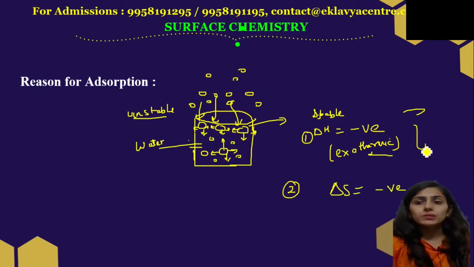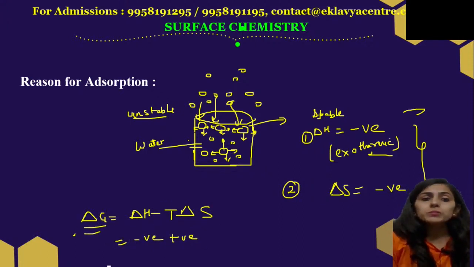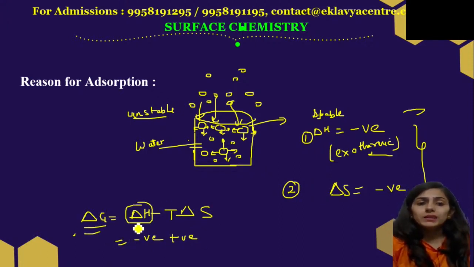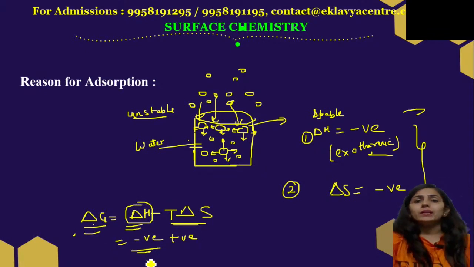Now we know that delta G equals delta H minus T delta S. Since delta S is negative, the minus T delta S term becomes positive. For the process to be spontaneous, delta H should be greater in magnitude than T delta S. Then only we'll get delta G as a negative value, right? So this is the reason for adsorption. I hope it's clear to you.